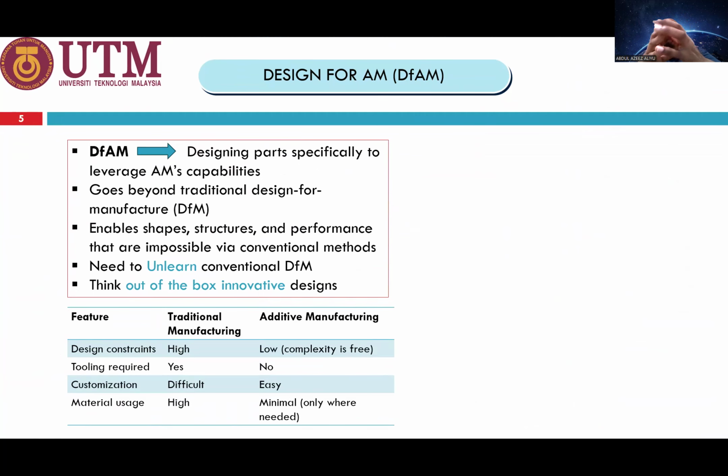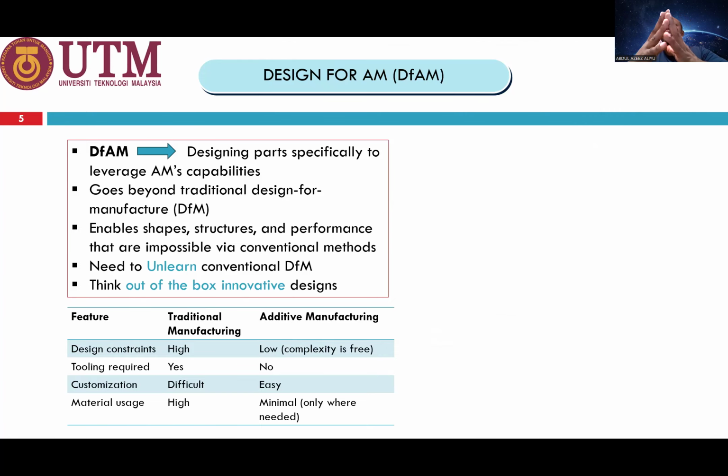So design for additive manufacturing is nothing but to think or to design parts to leverage various capabilities of additive manufacturing. Before this, I want you to understand that additive manufacturing is not here to replace the existing conventional processes.